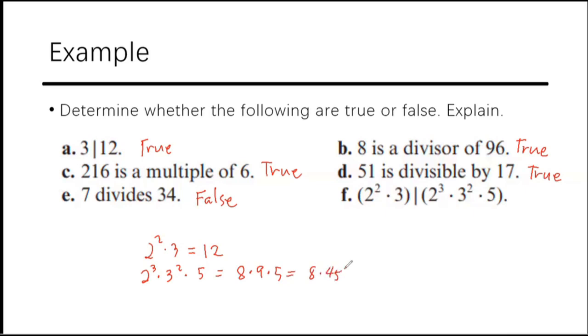Di ba? Yung 8 times 45 ay magiging 360. Ibig sabihin, yung letter F natin, yung daw 12 divides 360. Ito ba ay true or false? True. Kasi ang kanyang remainder ay 0. So, therefore, ang letter F natin ay true.